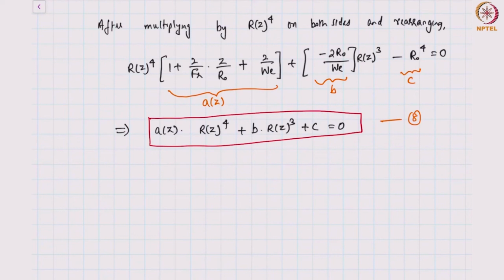But let's go one step further, and rather than trying to get the exact solutions at every z, we will basically look for a simplified analysis.